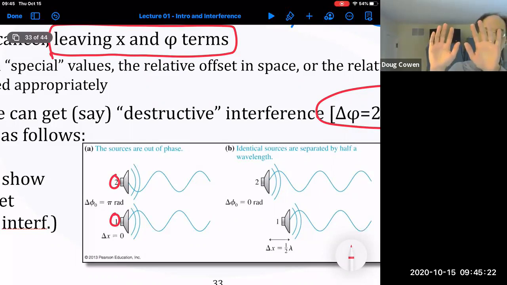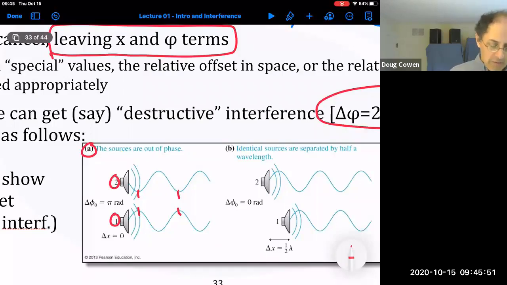If they're 180 degrees out of phase, then they're doing this. So if they're 180 degrees out of phase, which is drawn in this figure A here, then the troughs of one sound wave produced by speaker 2 line up with the peaks of the sound output by speaker 1. And consequently, what you'll get is fully destructive interference.